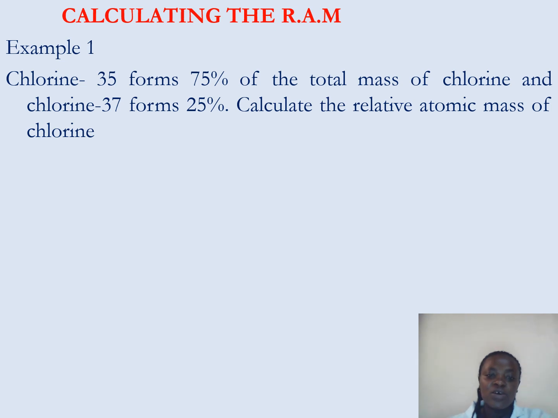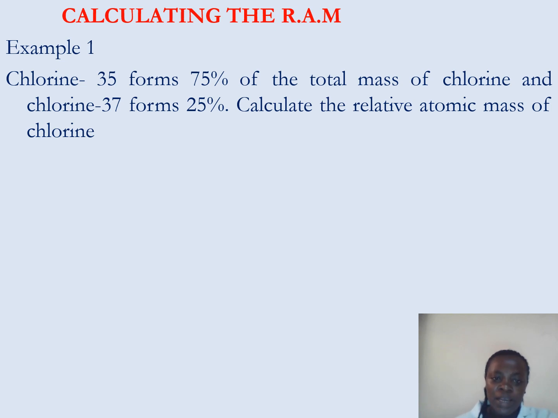For the first example, we are looking at chlorine. Chlorine 35 forms 75% of the mass of chlorine, and chlorine 37 forms 25%. Calculate the relative atomic mass of chlorine.